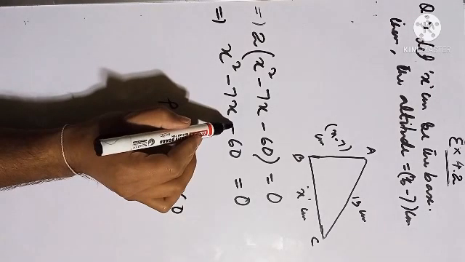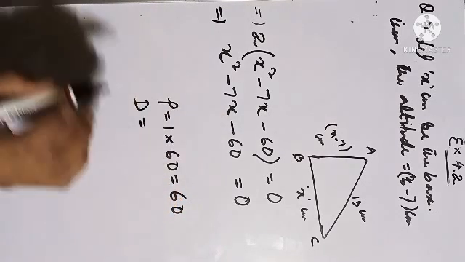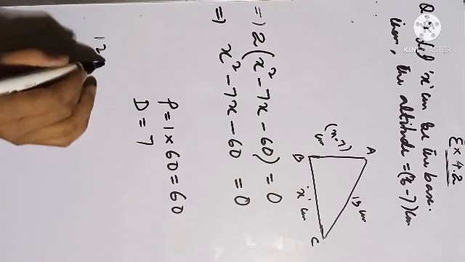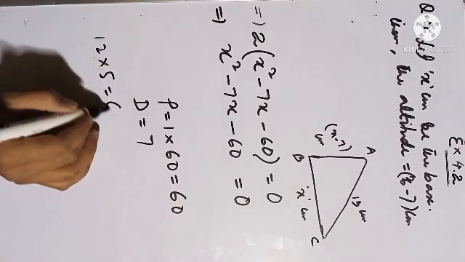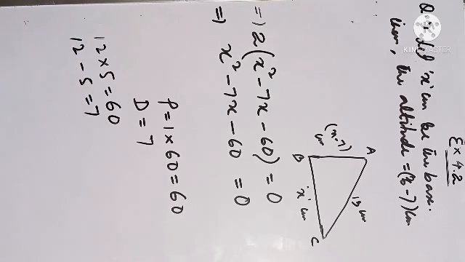So what is the sign of the constant term? We have minus. Minus means the difference should be how much? 7. We need two numbers whose product is 60 and whose difference is 7. So 12 into 5 is 60, and 12 minus 5 we have 7.